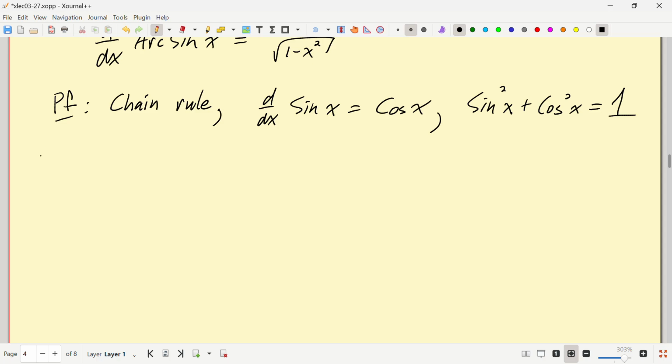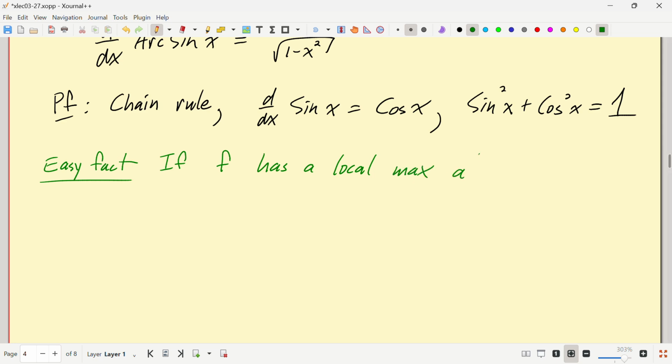So to rev up to the mean value theorem, here's an easy fact. If f has a local max, see, the book calls that a relative max.